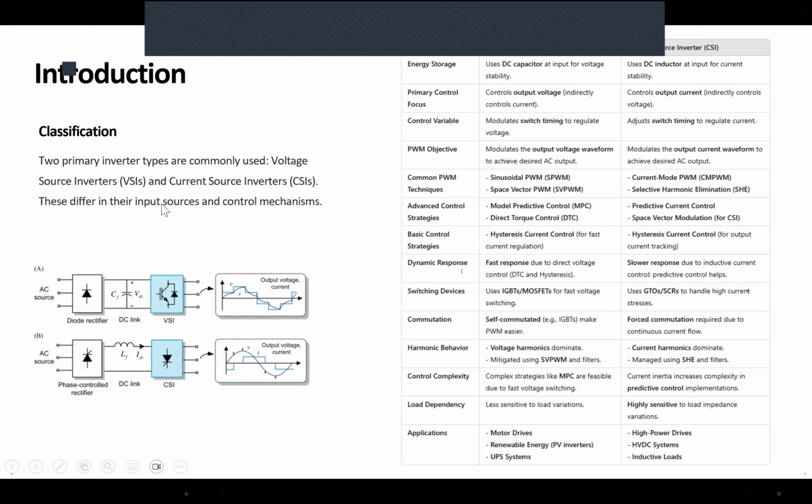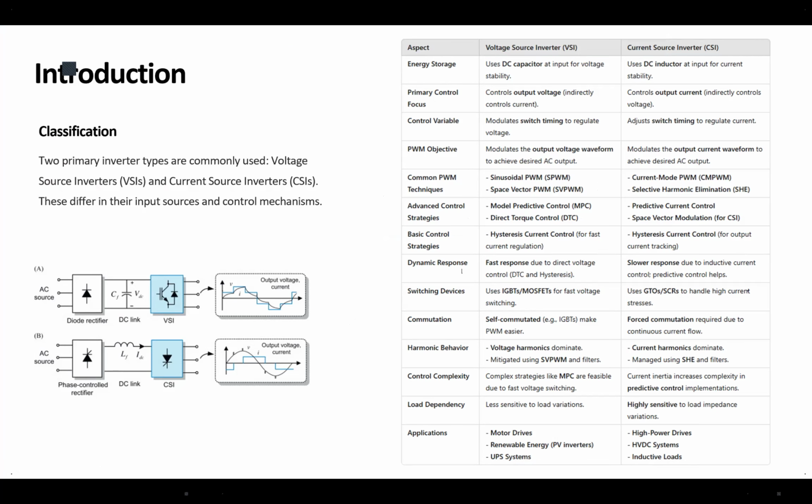As I mentioned earlier, a few seconds ago, we could categorize the inverters into two types based on the output of the inverters. Either we could have the voltage source inverters, which basically means at the output we would have a voltage waveform.